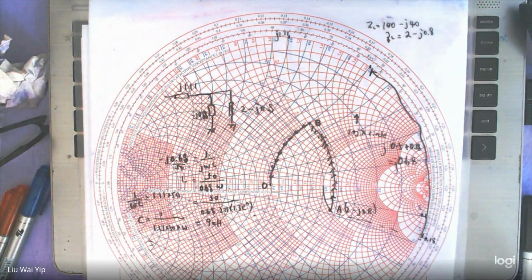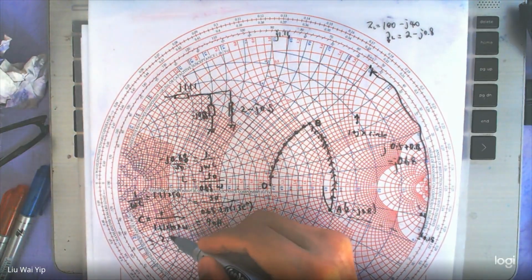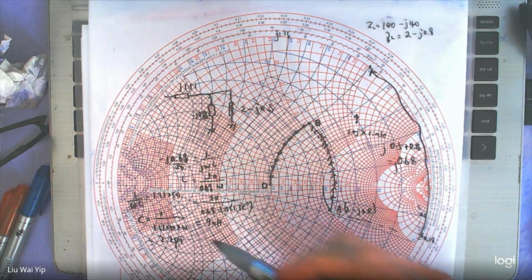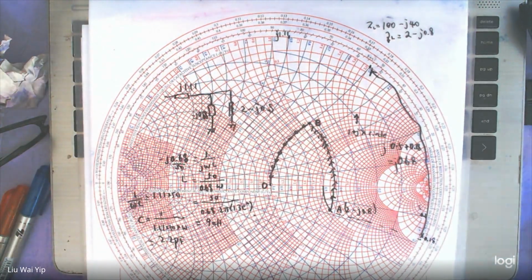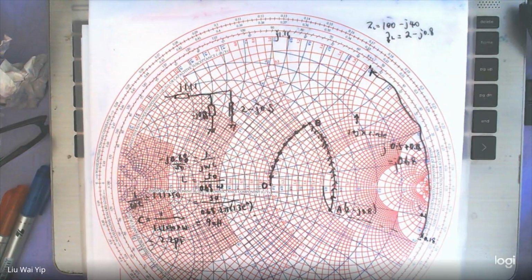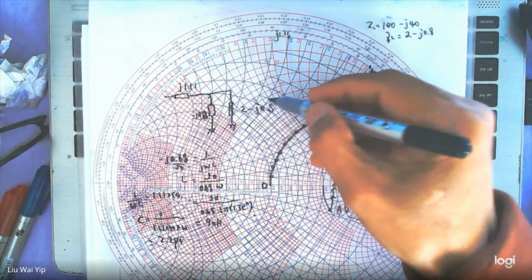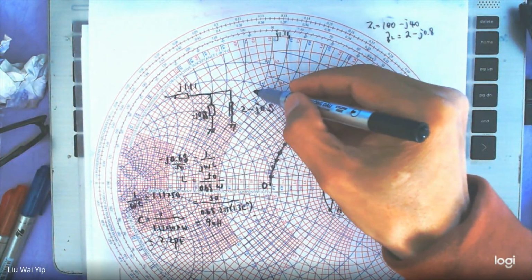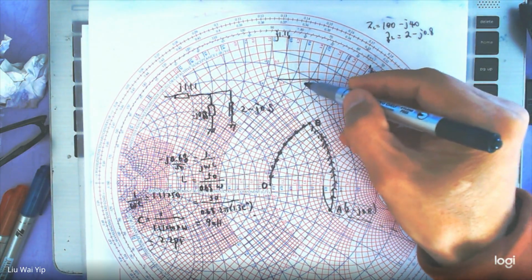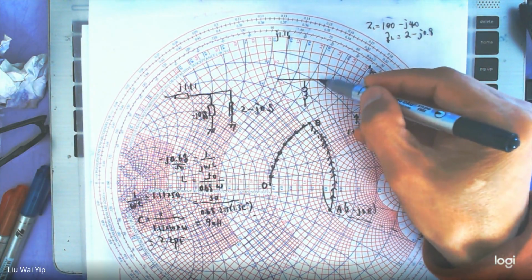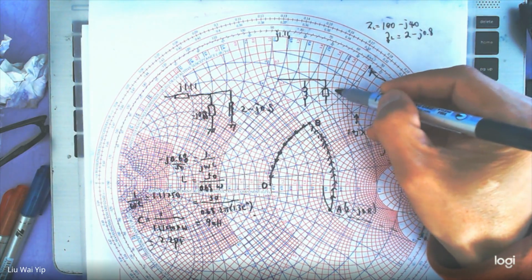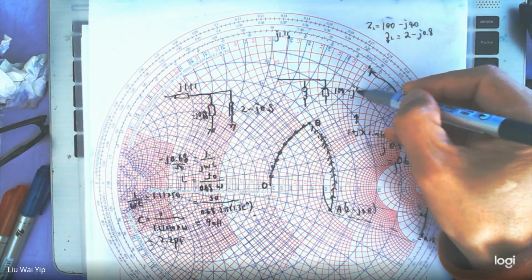Okay, I got 2.2 pico. 2.2 pico. In other words, I think the answer is correct. So your solution will be like this: 100 minus J40.